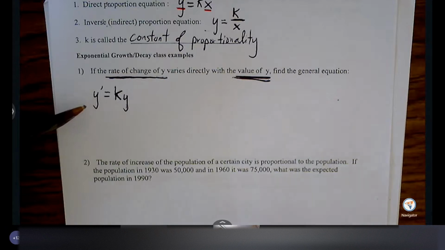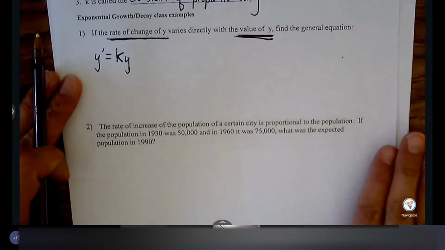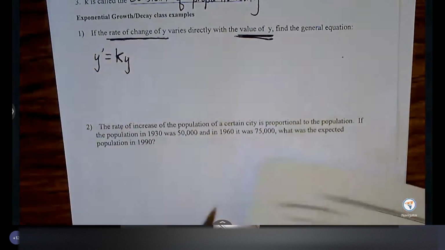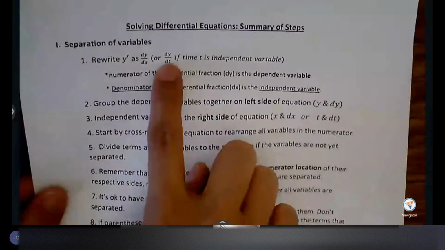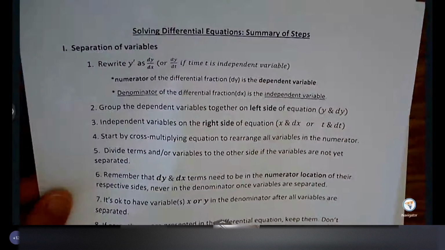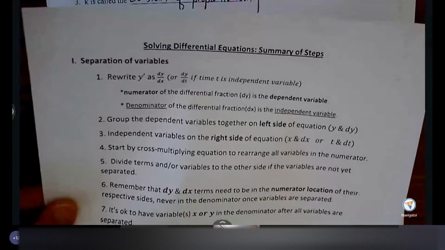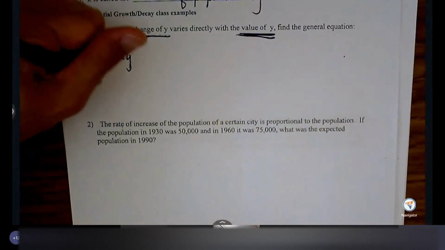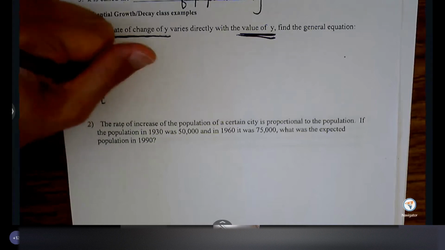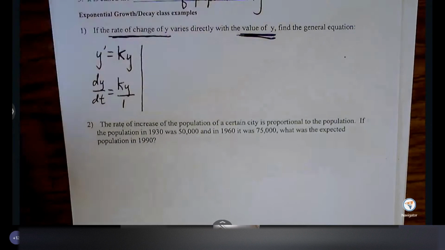But here's the difference: these are word problems with time being the underlying variable. So instead of everything over dx, now it's going to be over dt. So we're going to write it as dy over dt. Anytime you see a word problem where you can visualize it, time is going to be involved, and it's always going to be d over dt. So we'll let y prime become dy over dt. I'm already setting myself up for cross multiplying.